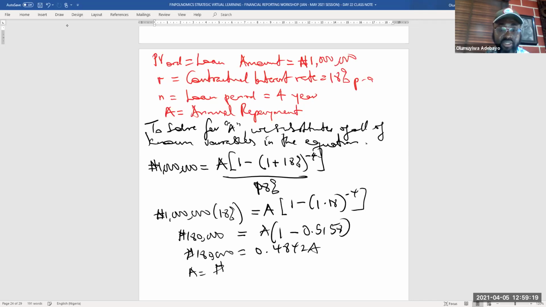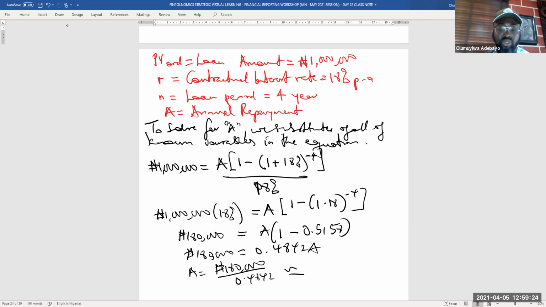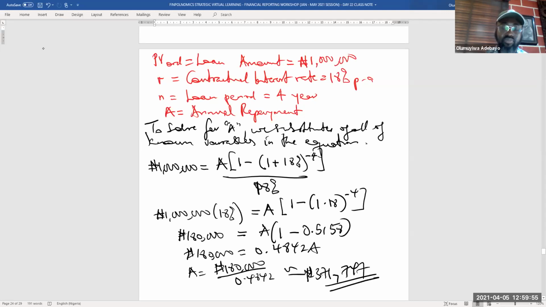Therefore, what is A? 180,000 divided by 0.4842, to the nearest amount, is 371,747. But instead of going this route, we'll use Excel. You see what we are talking about.